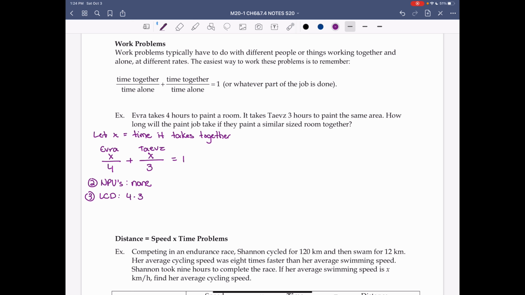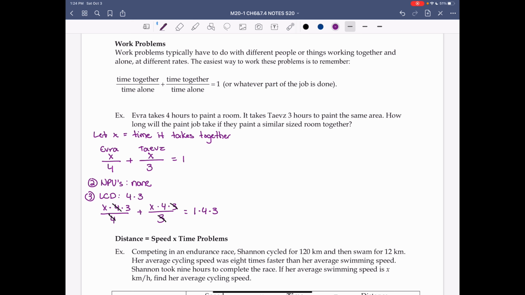We get x times 4 times 3 over 4 plus x times 4 times 3 over 3 equals 1 times 4 times 3. We can divide out the 4's in the first fraction, divide out the 3's in the second fraction.